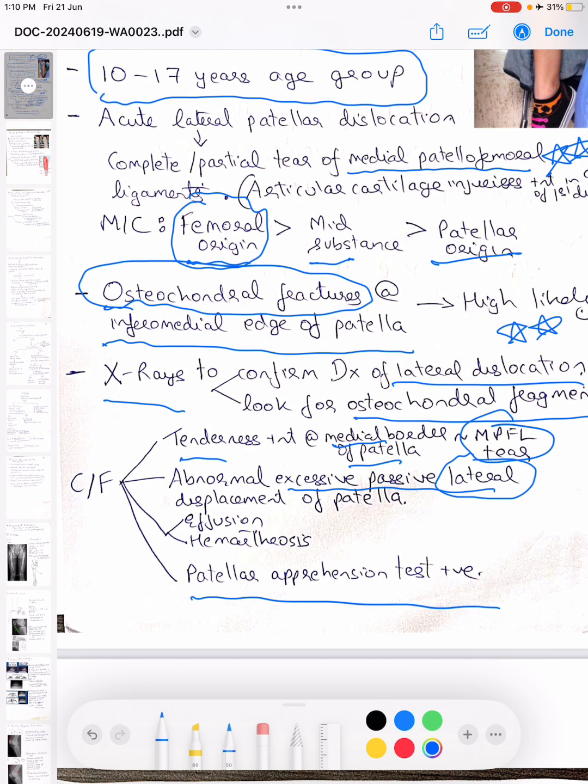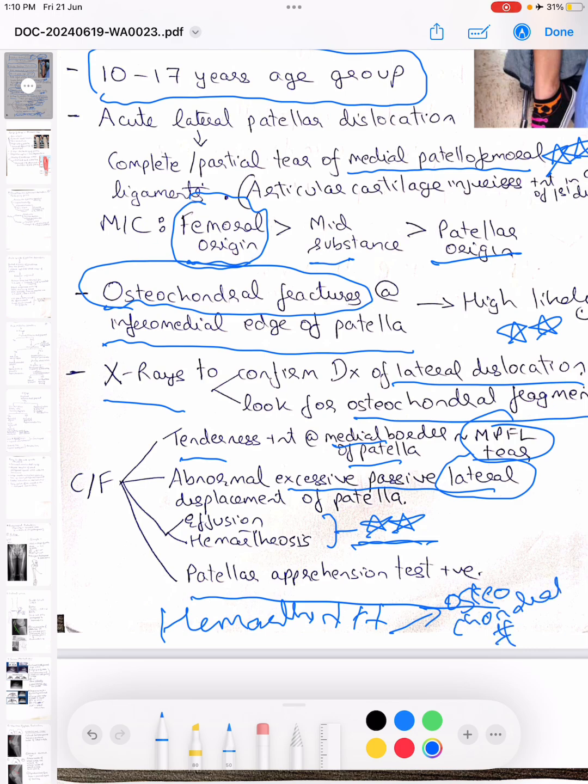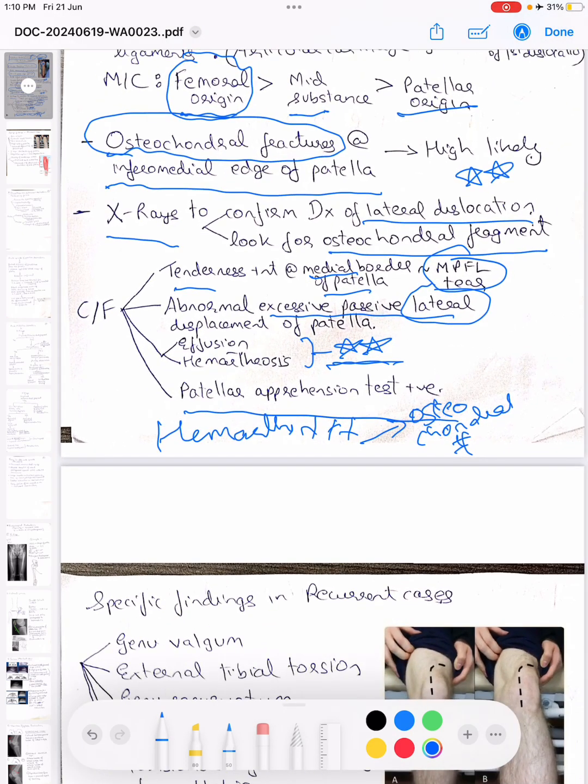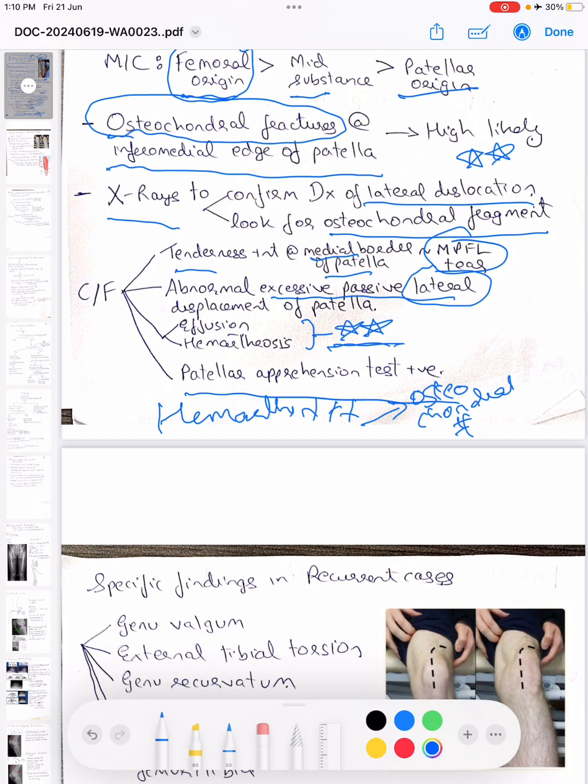In acute cases, you usually find effusion and hemarthrosis. Whenever there is hemarthrosis present, you have to suspect an osteochondral fracture or a fragment in the joint, so as not to miss the diagnosis.